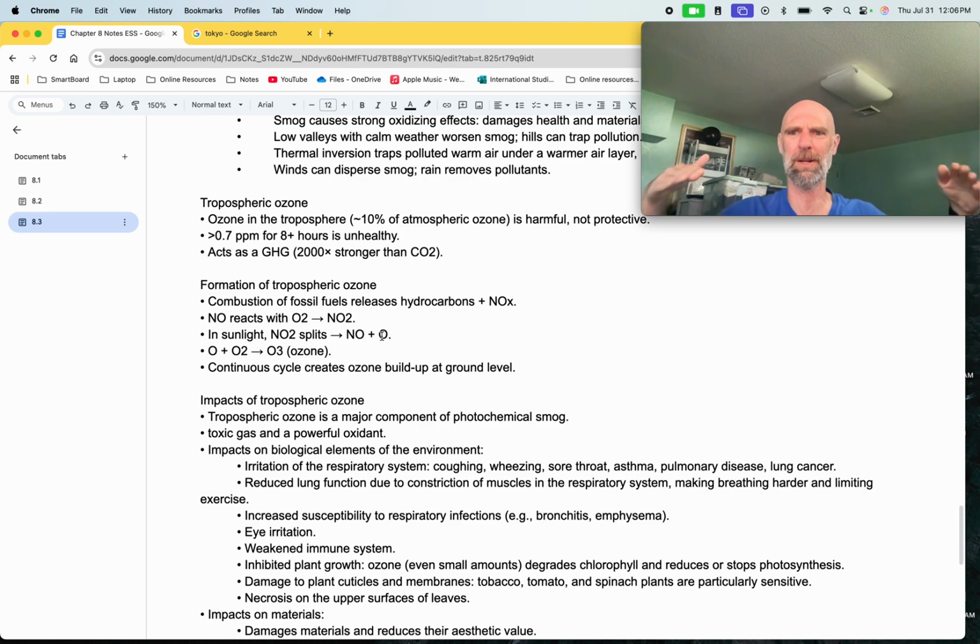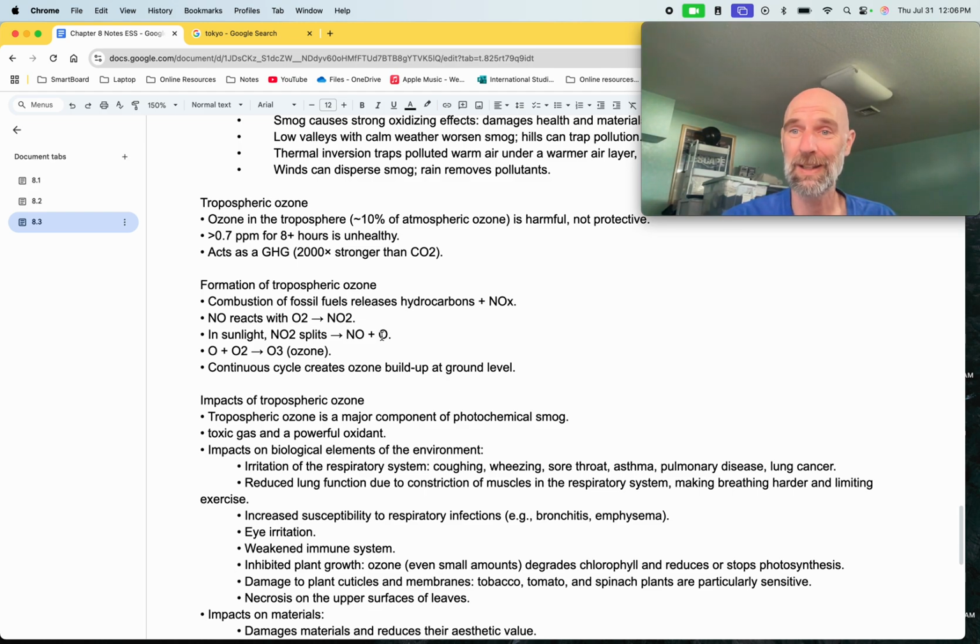So you're like, wait a minute, it goes like this and then goes like that? Oh yeah. The oxygen then combines with another O2 molecule to form O3, which is ozone. So this continuous cycle creates ozone buildup at the ground level.